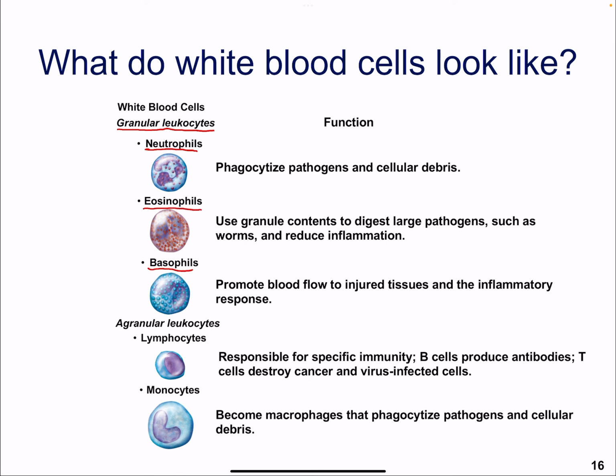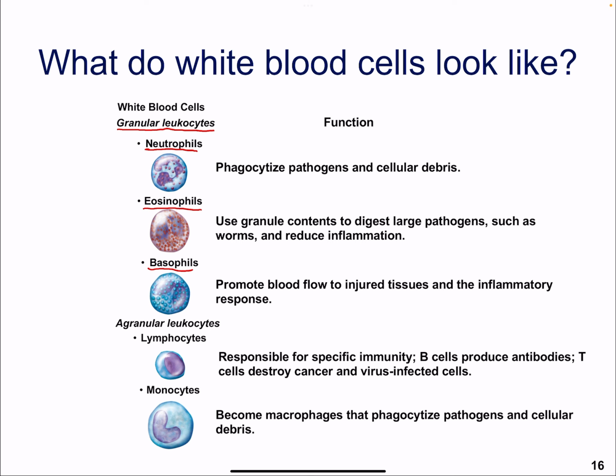And then we do have leukocytes that are non-granular, so they don't have granules, right? And these granules, you can only see them once you stain the cells. Until you stain the cells, you are not going to see those granules, right?